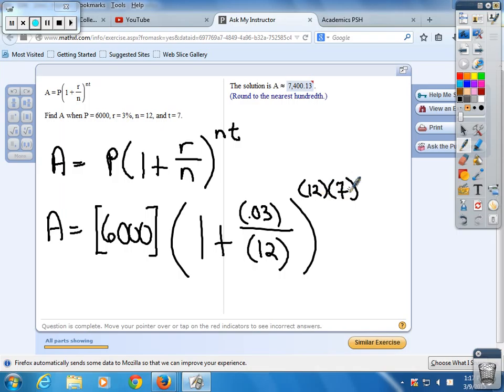Let me ask you a question. Since I've told you that T is usually in years, what if I told you 6 months? You kept the money in the savings account for 6 months. What would T be? 0.5. Yeah, 0.5. I think you're on the right track.